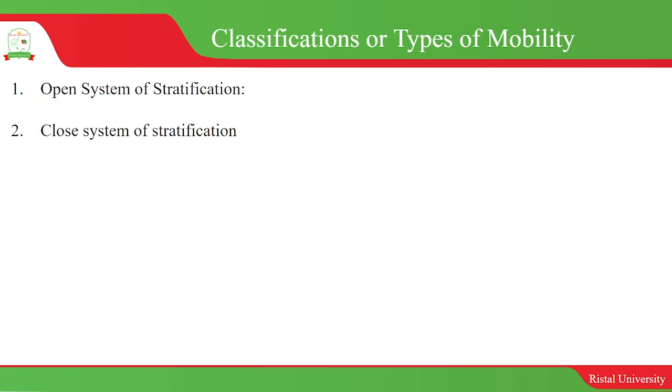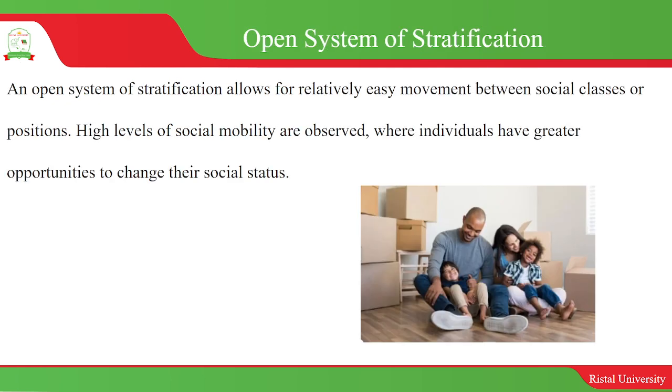So we have a classification of mobility, or the types, the open and then the closed system. And we basically relate this to the stratification that we earlier talked about. And actually, we looked at these concepts.